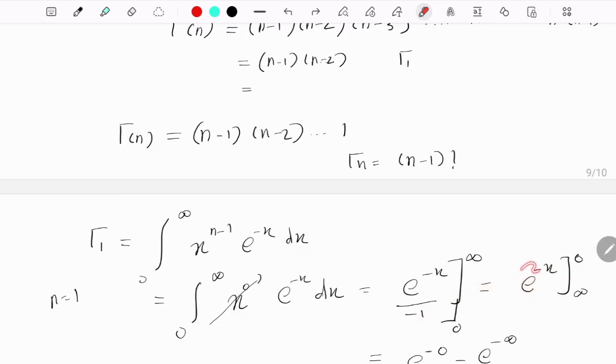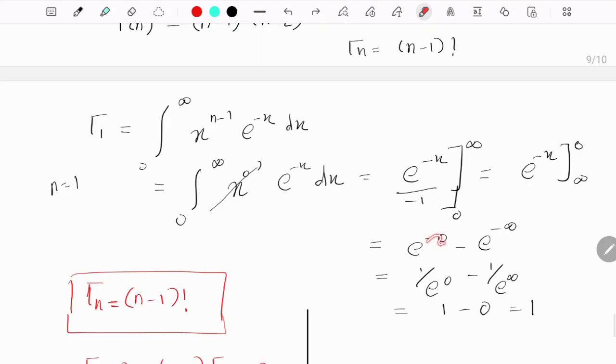If you interchange the limit, negative becomes positive, that is e to the power minus x, infinity to 0. So this equals e to the power minus 0 minus e to the power minus infinity. This equals 1 by e to the power 0 minus 1 divided by e to the power infinity.